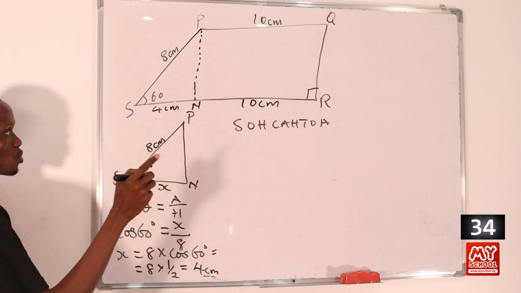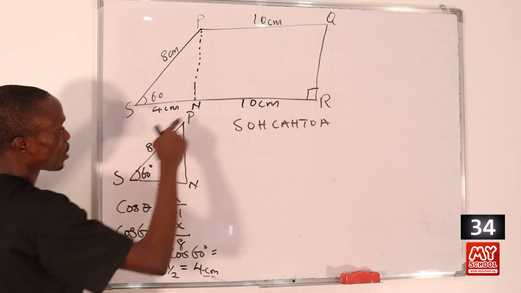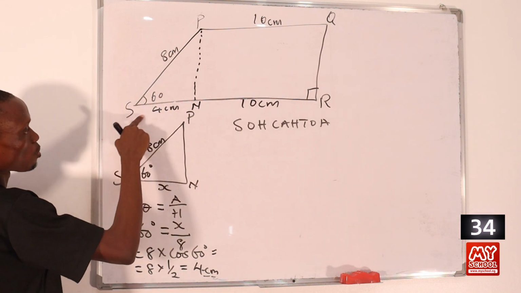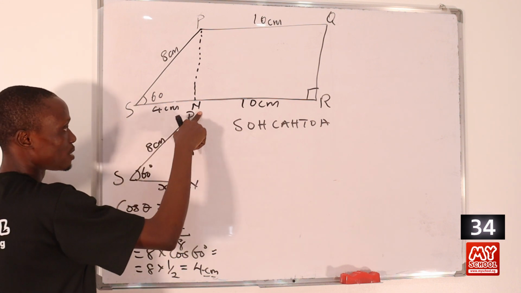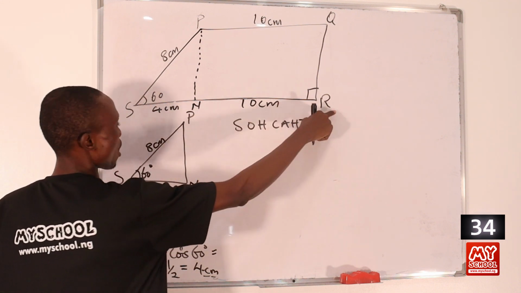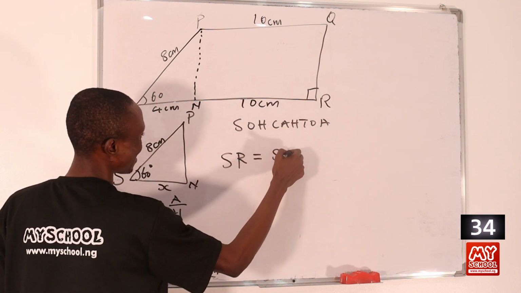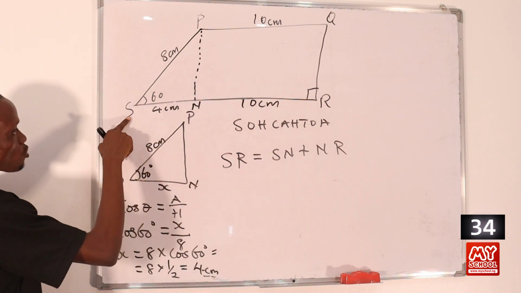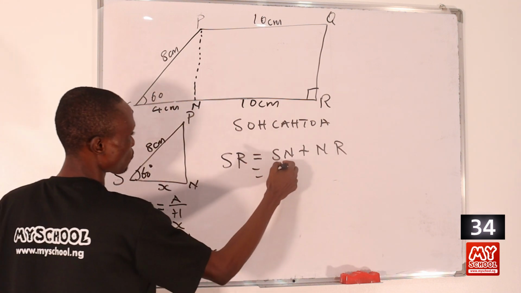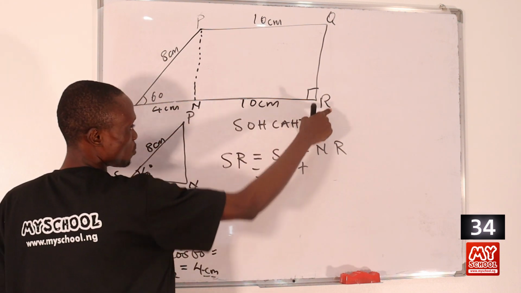But remember, we are asked to calculate the value of SR. So the value of SR will be the value of SN plus NR. So SR is equal to SN plus NR, which is the distance from S to N in this case, which is 4, plus the distance from N to R, which is 10.